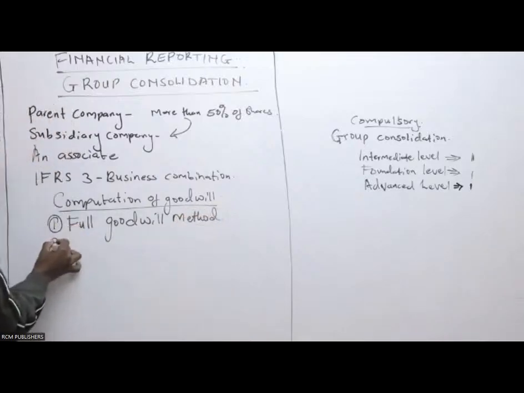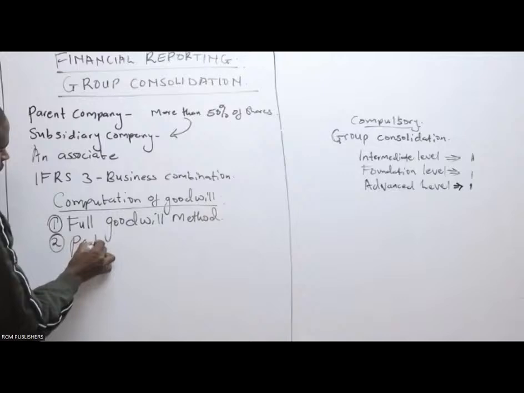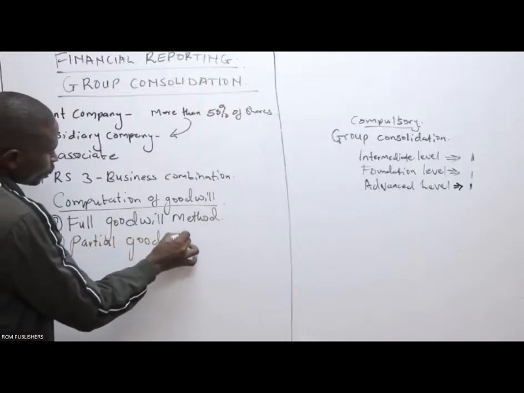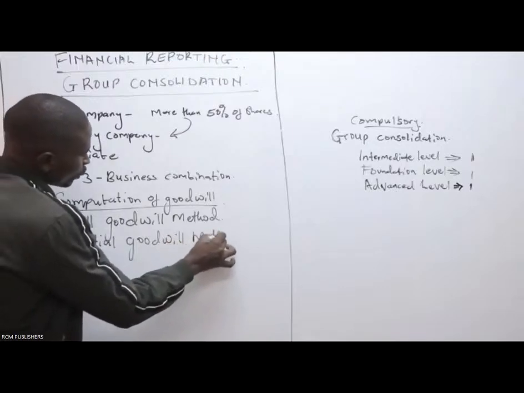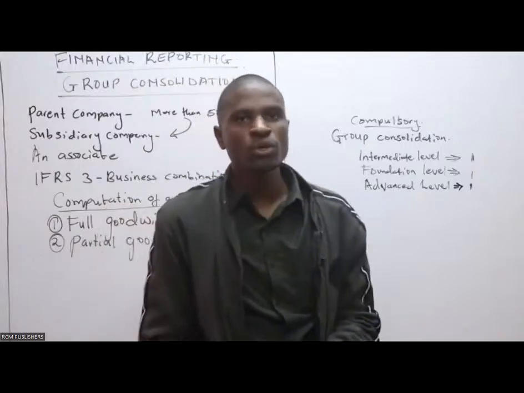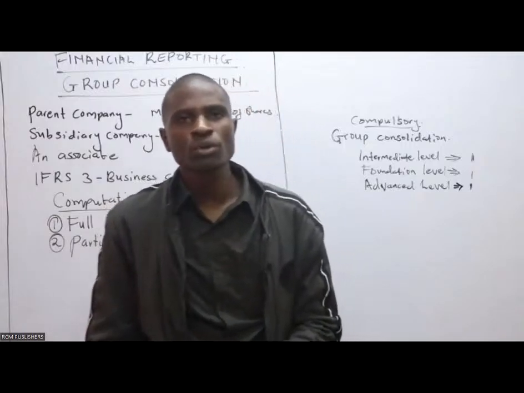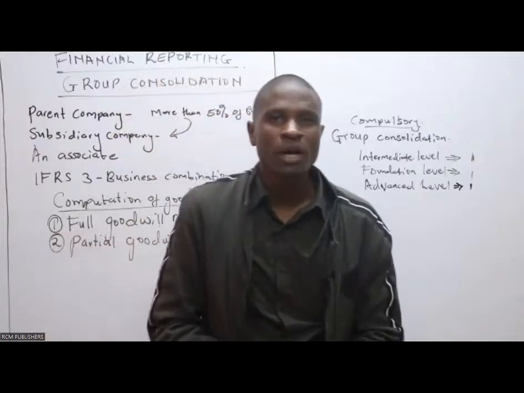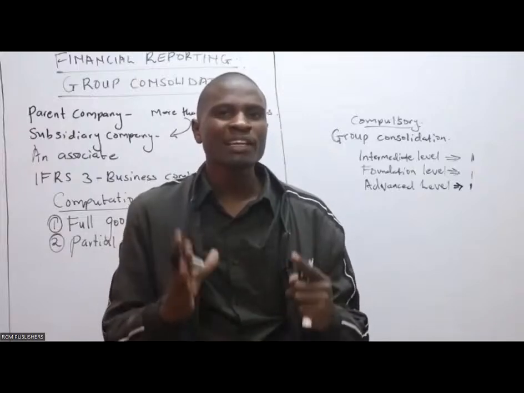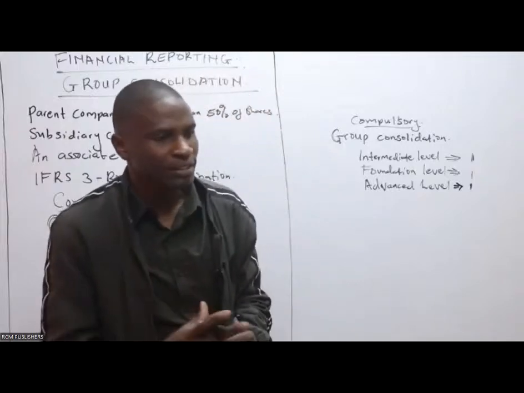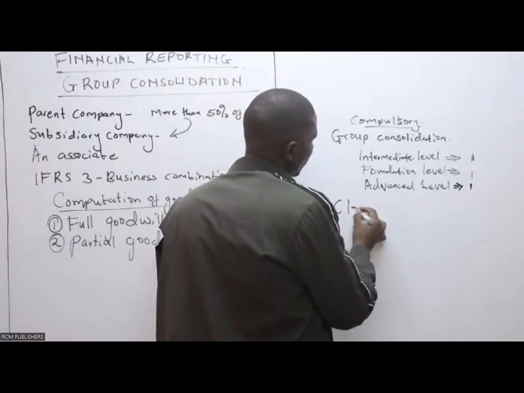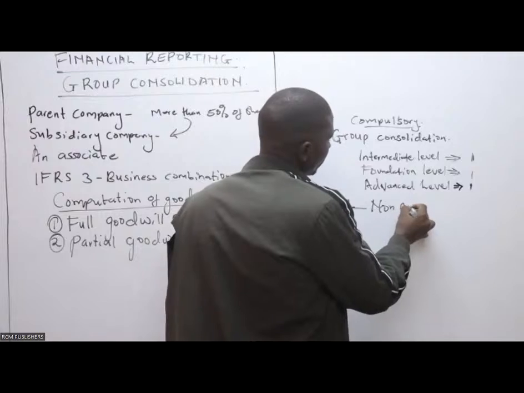Method number two is the partial goodwill method. I want to help you differentiate the two. When you hear of a full goodwill method, it's whereby we are provided information in regard to NCI. I know NCI could be a new term to us. Non-controlling interest.